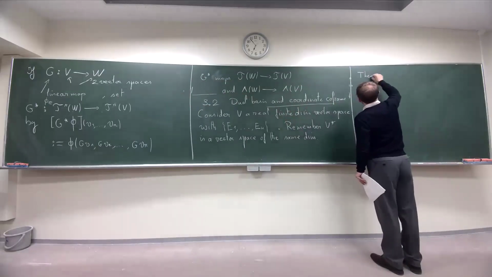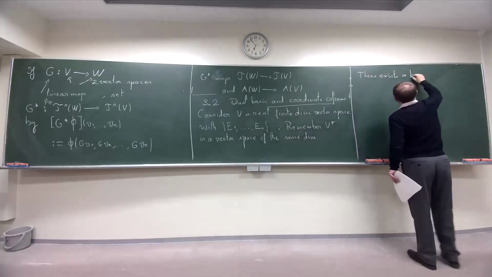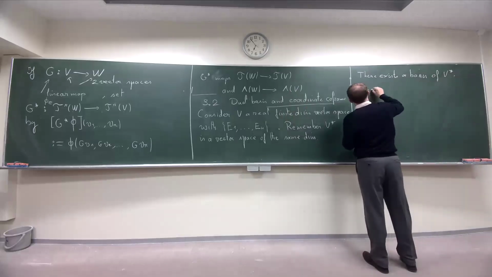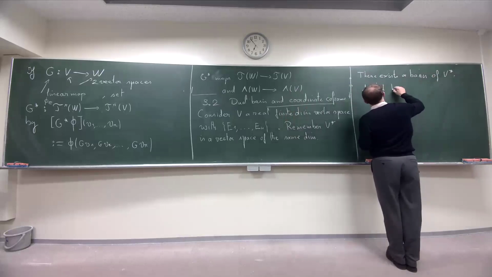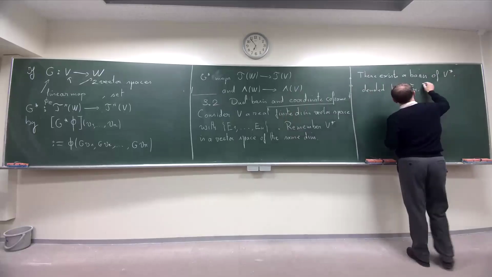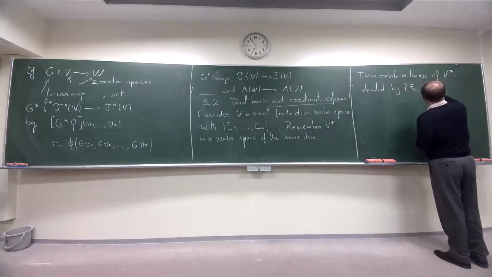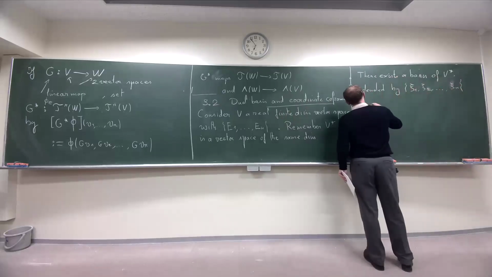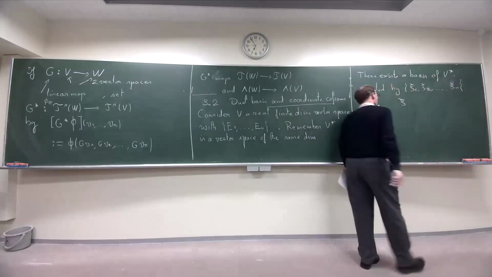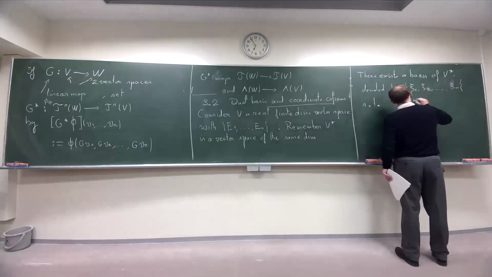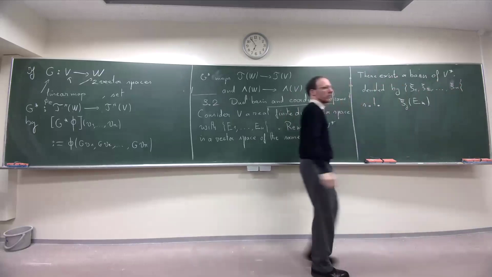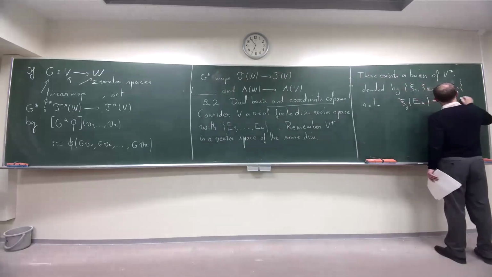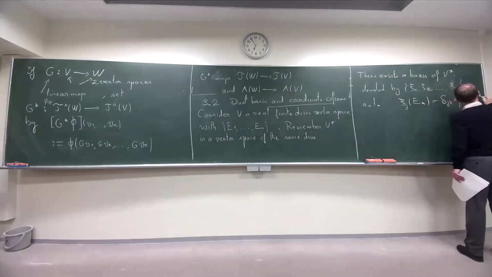The statement is there exists a basis of V star, which I denote by the n vectors psi1, psi2 up to psi n, with a special property, such that when you apply psi j on the vector ek, you get what is called Kronecker delta jk, which means it's 1 if j is equal to k, 0 otherwise.